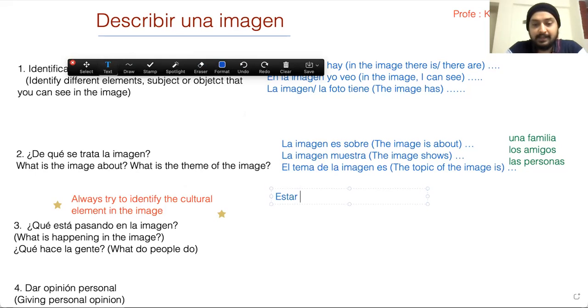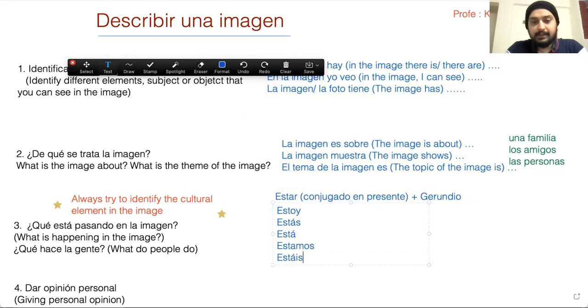We form with estar conjugado en presente más gerundio. It's like in English, like I'm talking, I'm speaking, I'm dancing. So the conjugation of estar is yo estoy, tú estás, él está, estamos, estáis, están.